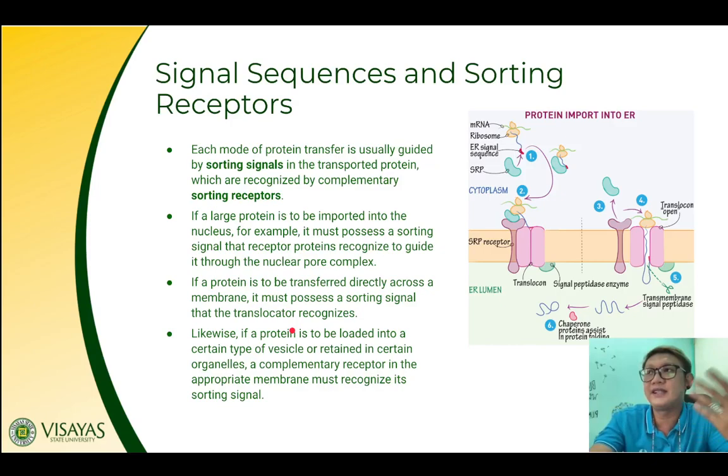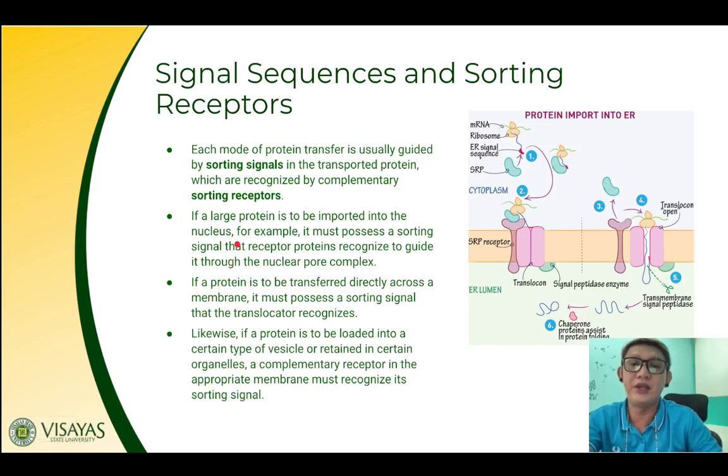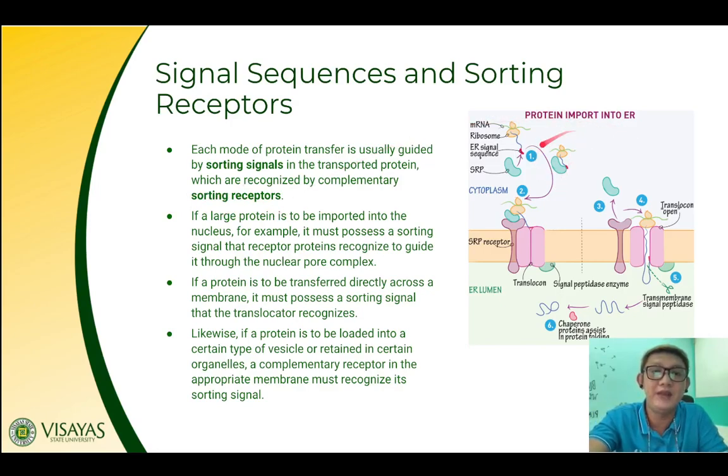So in all of these processes, the signal sequences or the sorting signals and the sorting receptors are very important. So each mode of protein transfer is usually guided by sorting signals in the transported protein, which are recognized by the complementary sorting receptors. So you have here, for example, protein import into the endoplasmic reticulum.